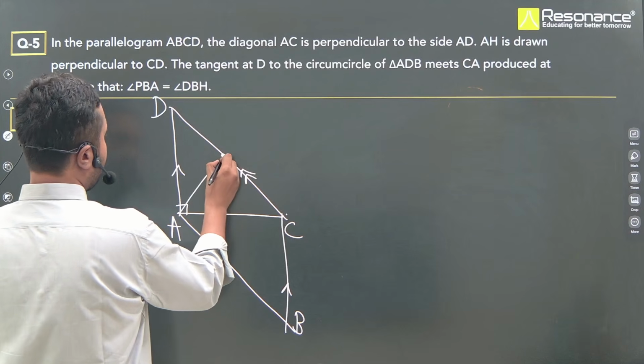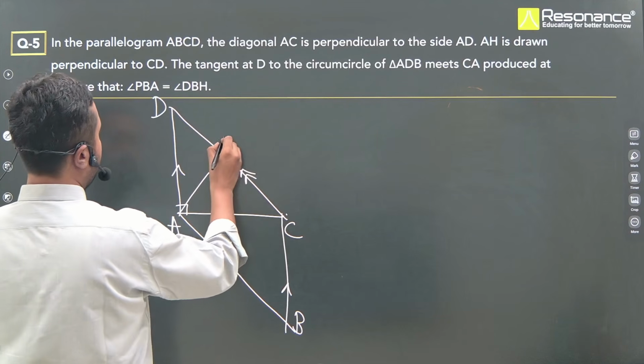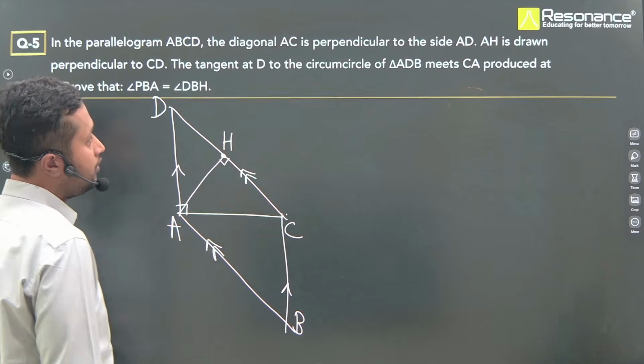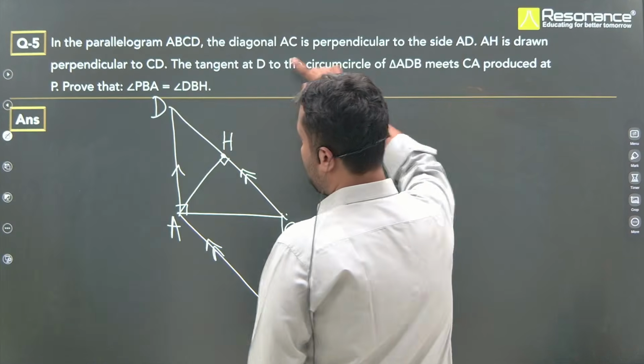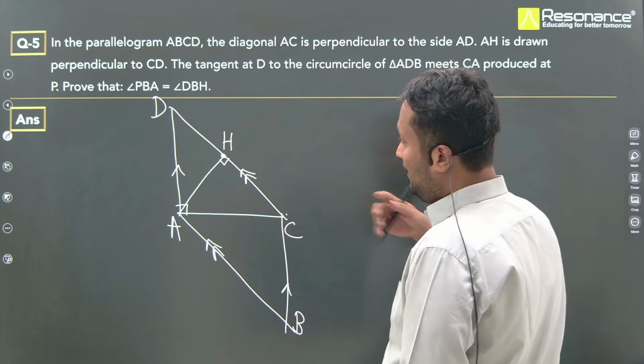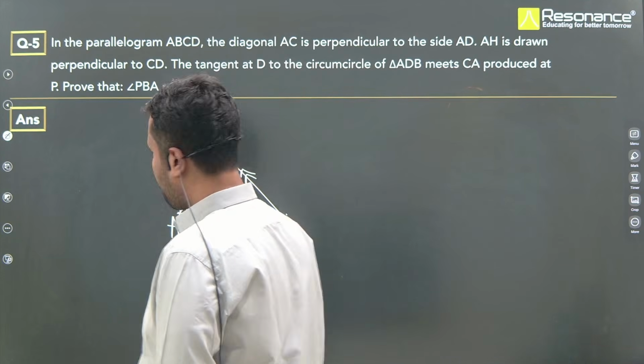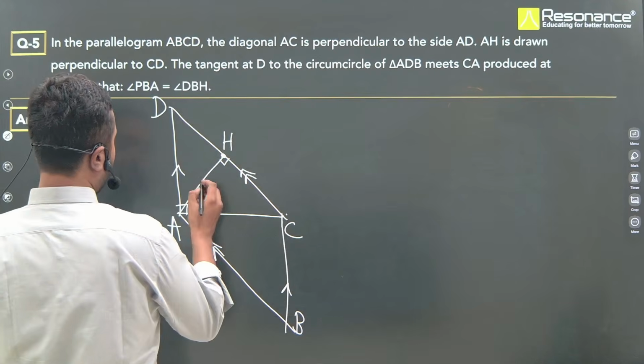So let's call that point H. I think it needs to be said that H is on the side CD. And then what else do we have?